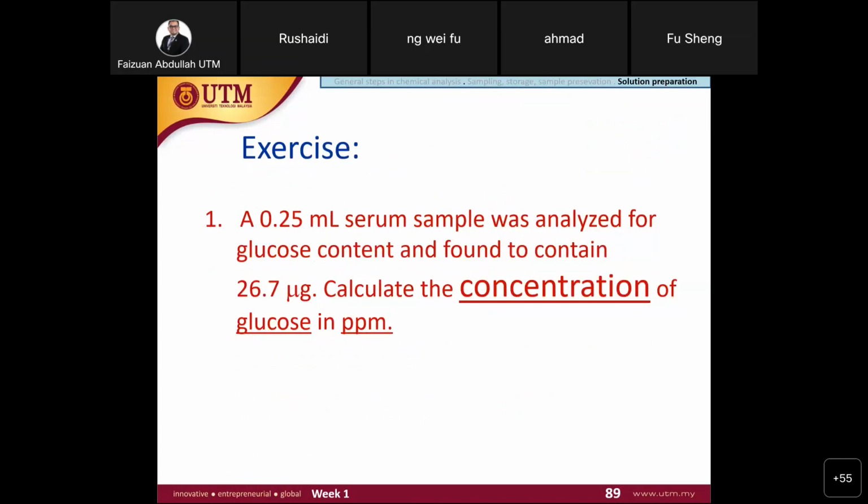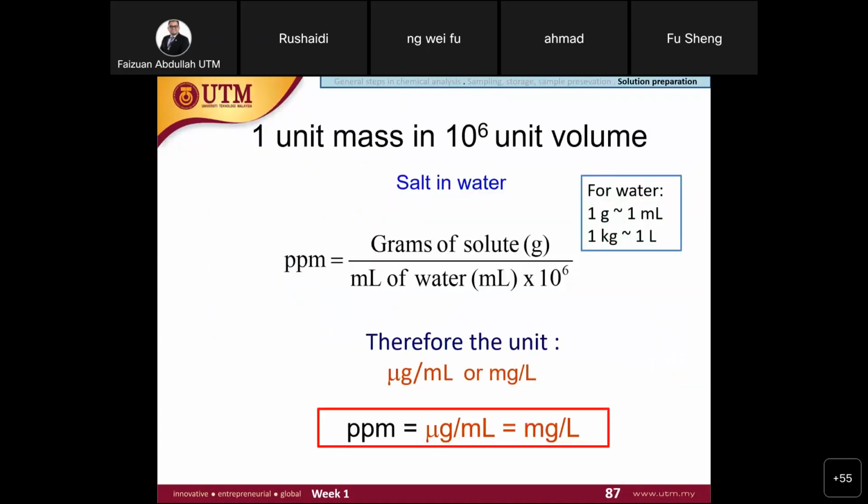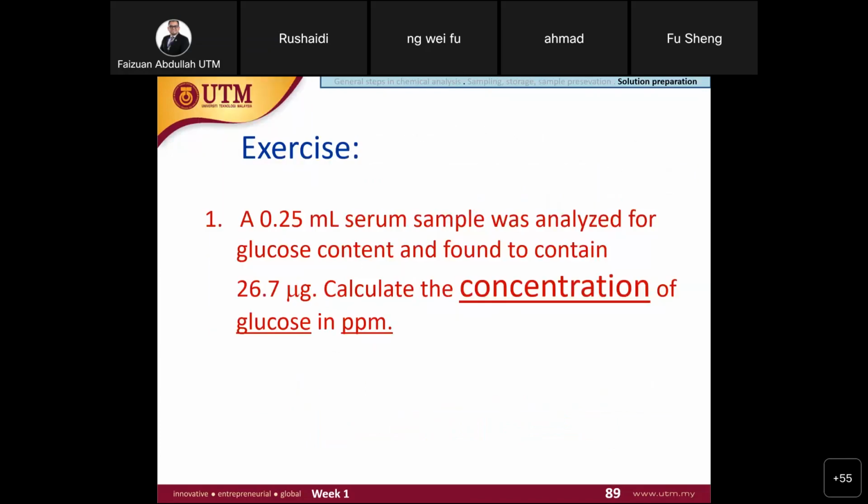Remember the unit of ppm. 1 microgram per how many liter, milliliter or microliter or what? And then equal also 1 milligram per how many liter? So now what is the ppm? Remember ppm can be 1 microgram per milliliter or 1 milligram per liter.